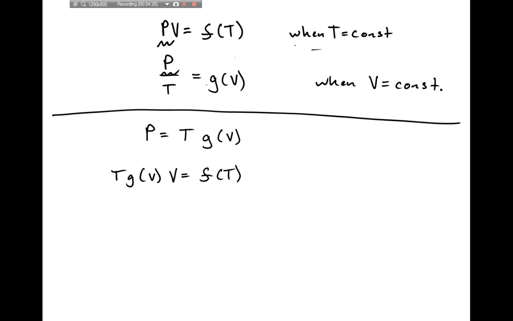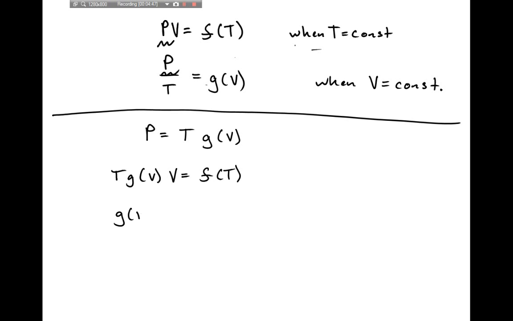Now what I want to do is rearrange this equation. So on the left side I have things that only depend on volume, and on the right-hand side I have only things that depend on temperature.